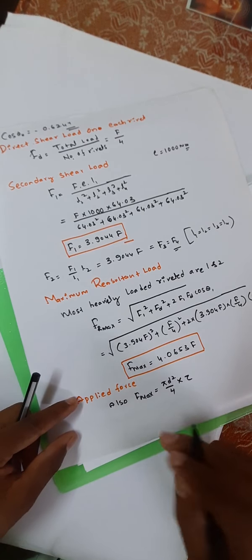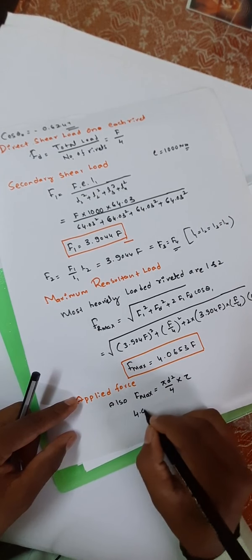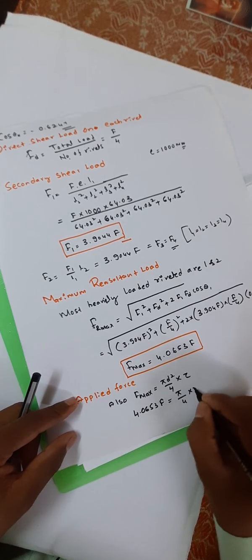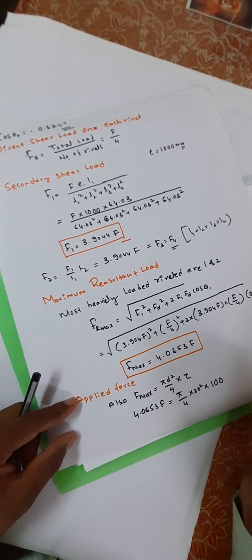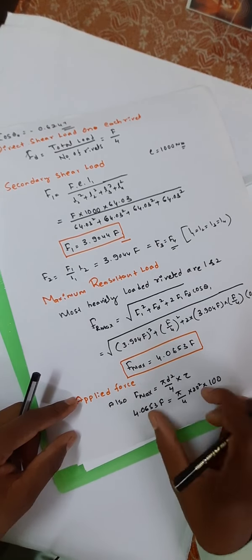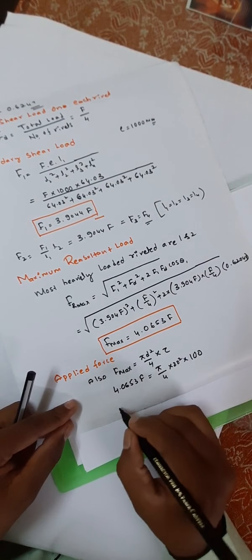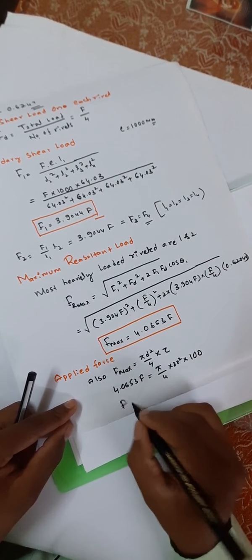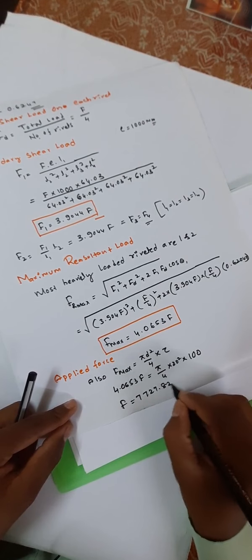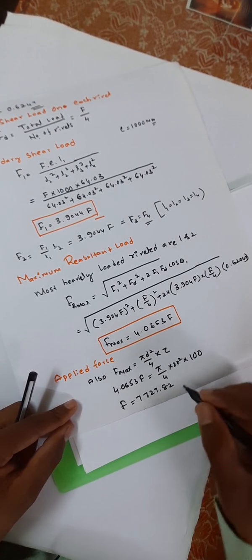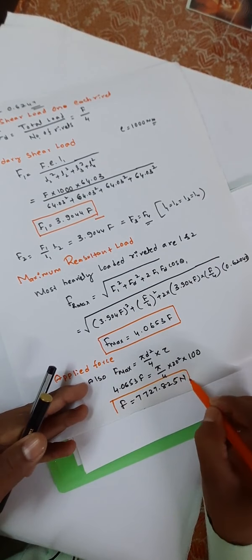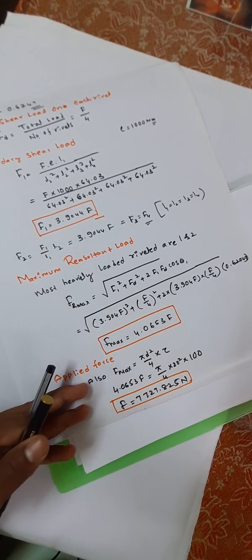So 4.0653 F is equal to pi by 4 into 20 square into 100, where the diameter of the rivet given in the problem is 20 mm. If you simplify this term, the applied force or load we will get is 7727.82 newtons.